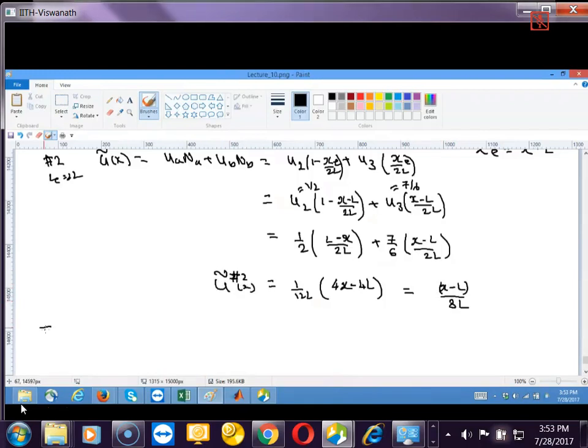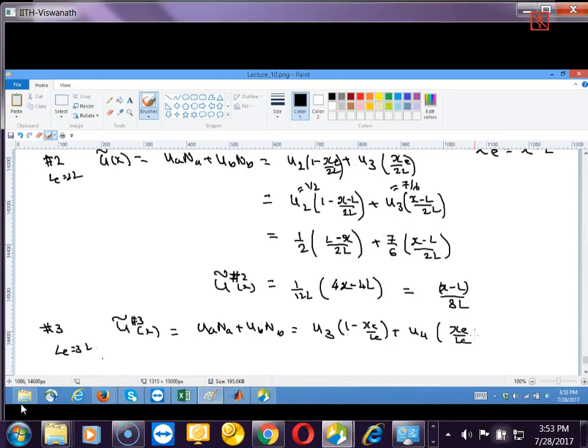Similarly, for the third element, L_e is equal to 3L, and u tilde of the third x is U_A N_A, where A is node 3, N_A is 1 minus x_e by L_e, plus U_4 x_e by L_e.